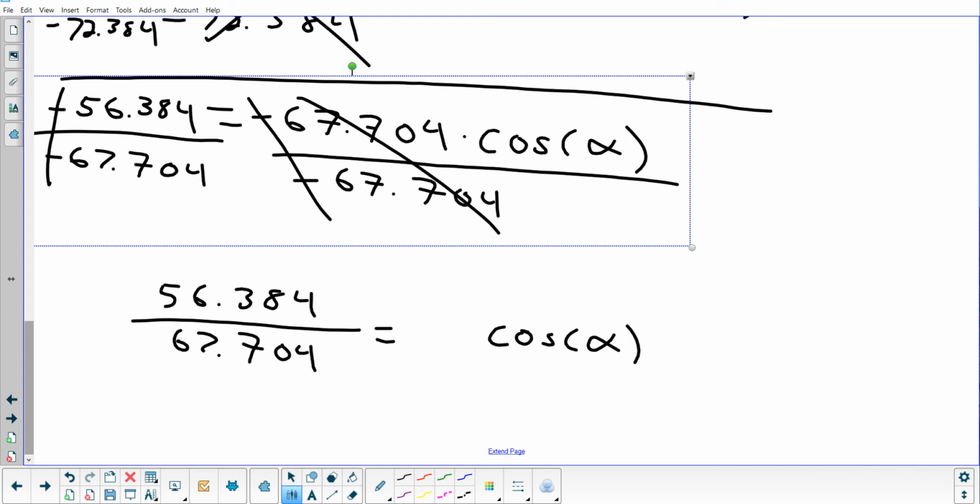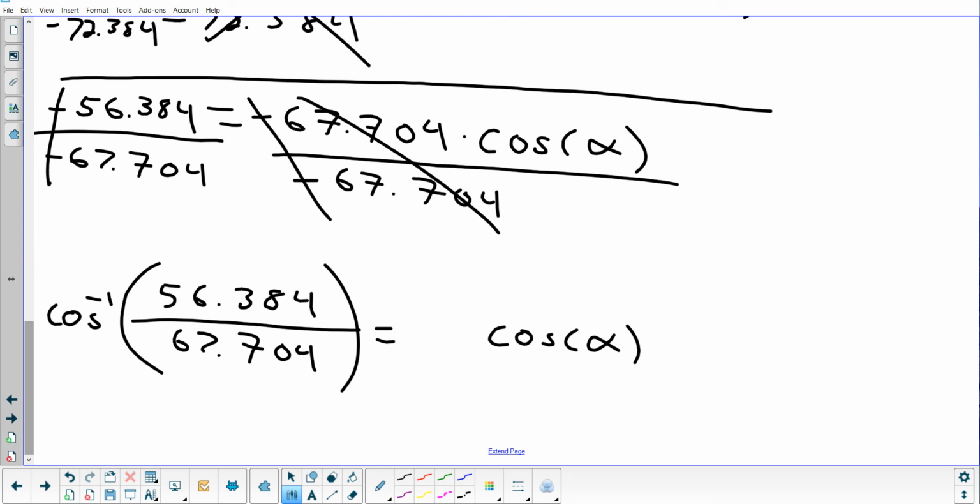Well, now we just want alpha. So what are we going to do on both sides to get rid of cosine? The inverse cosine. Good. We're going to take the inverse cosine. Do it on the left. Okay, we need to type that in and figure out what we get.